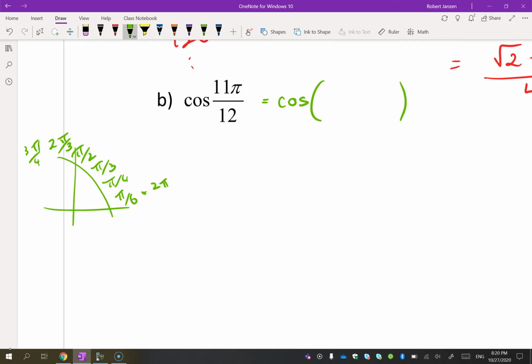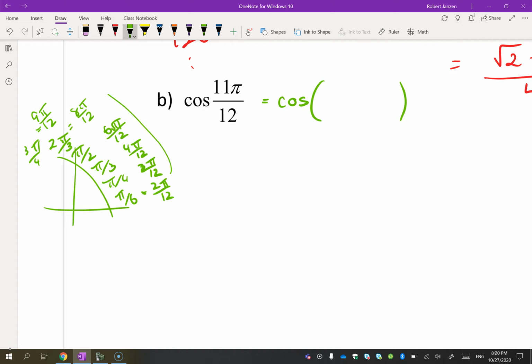So this would be 2 pi by 12. This would be 3 pi by 12. This would be 4 pi by 12. Pi by 2, that's 6 pi by 12. And then 2 pi by 3, this is going to be 8 pi by 12. And this one is going to be 9 pi by 12.